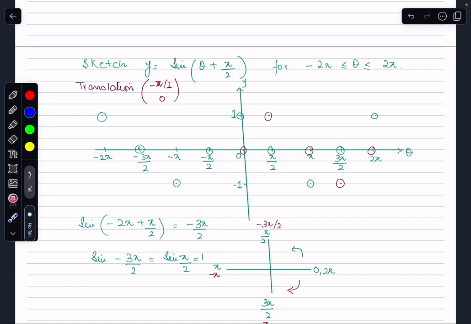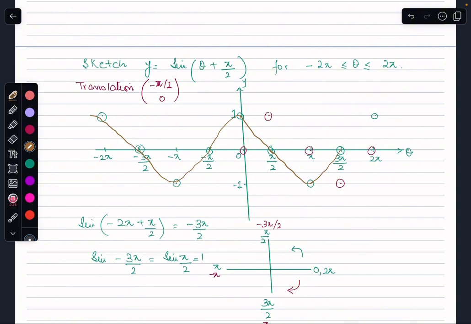If I join all the points, then basically this is 2 pi translated backward to 3 pi by 2, pi translated backward to pi by 2, pi by 2 translated backward to 0. Then the values lie at negative pi by 2, negative pi, negative 3 pi by 2, and negative 2 pi. So this is the graph of y equals sine of theta plus pi by 2.